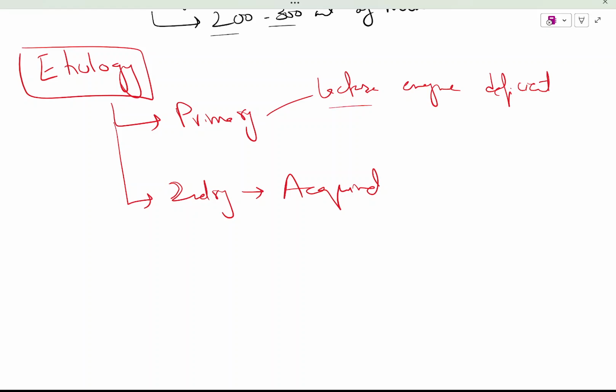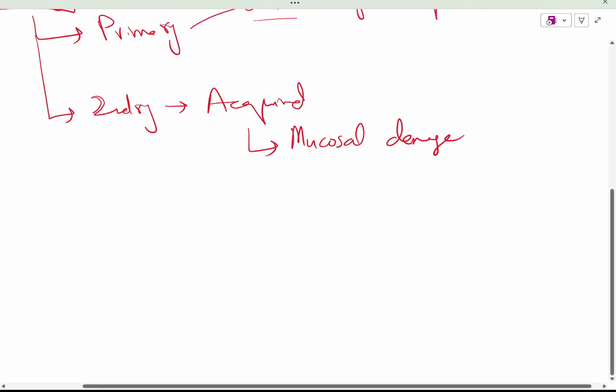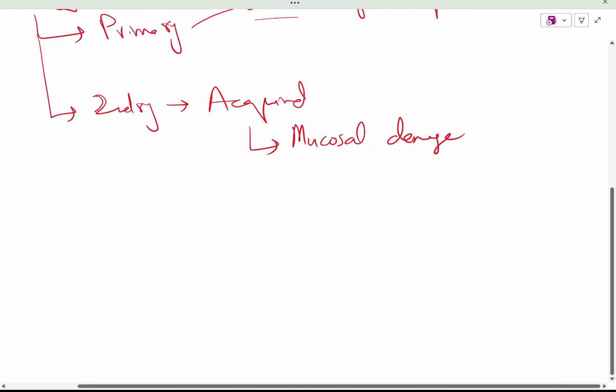Due to deficiency of this enzyme, there is inability to absorb lactose, so the patient presents with diarrhea. In secondary, there is an underlying disorder of the small intestine causing mucosal damage. Any disease of the small intestine which causes mucosal damage, the patient comes to you with diarrhea and may have lactose intolerance.